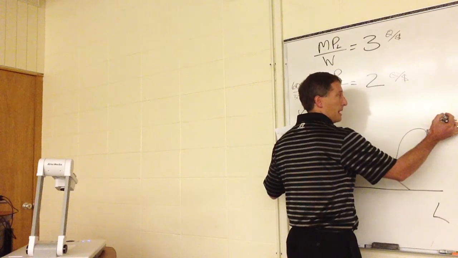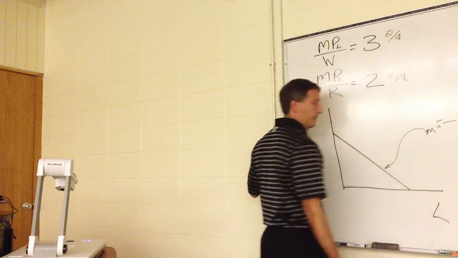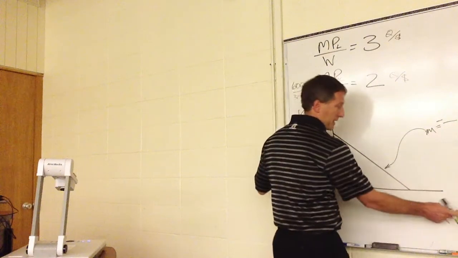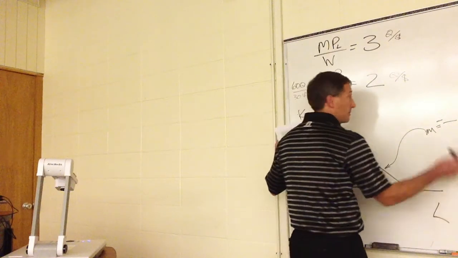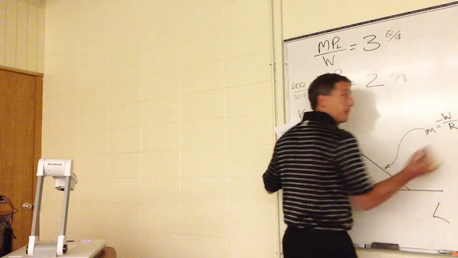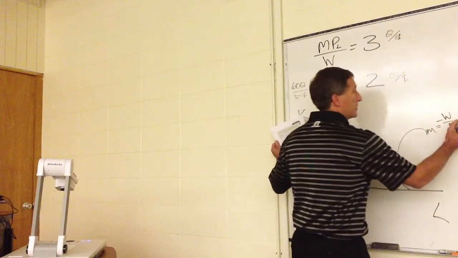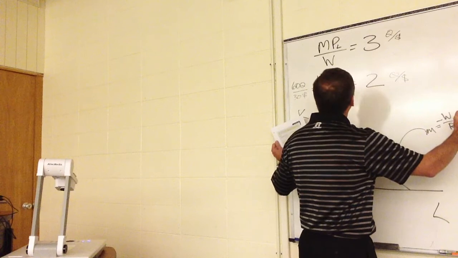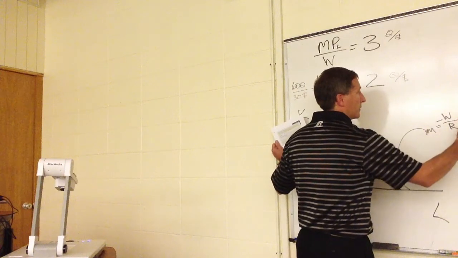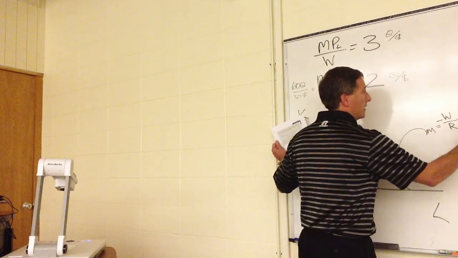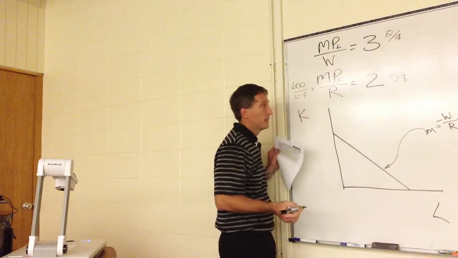What's on top, what's on bottom? Price of whatever's on the horizontal axis. Price of labor, which is the wage over the rental rate. Boom. The wage is how much? 15. Rental rate is 30. Got a slope of a half.